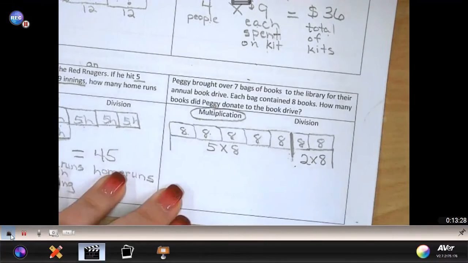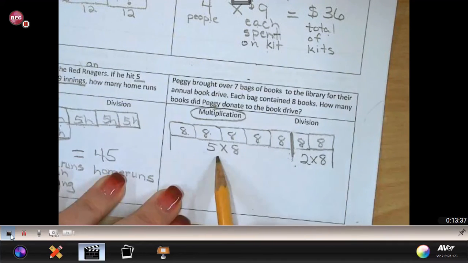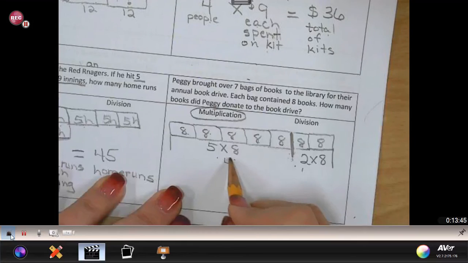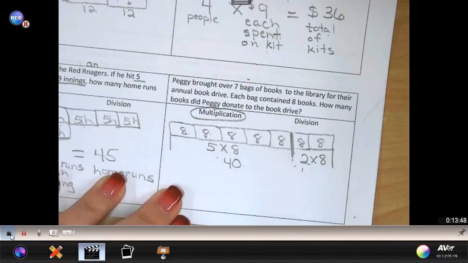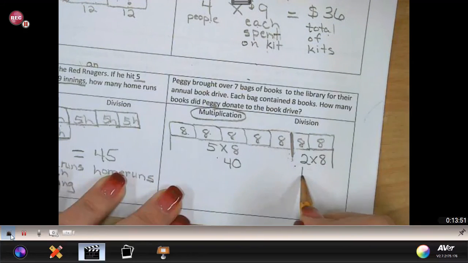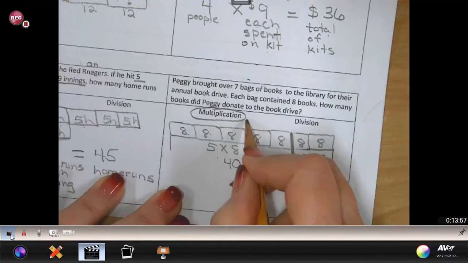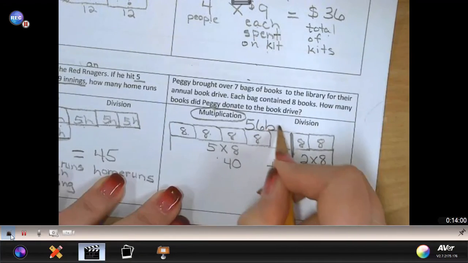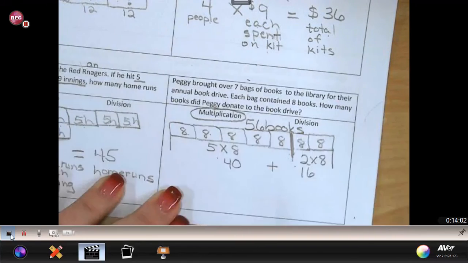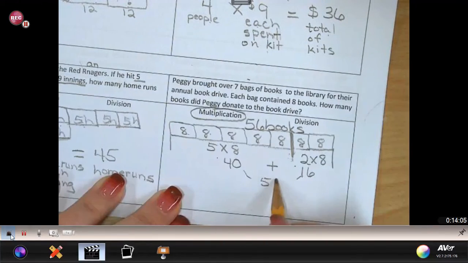I can use my distributive property to help me with my multiplication. If I don't know 8 times 7 really quickly in my head, I can use my 5s and my 2s to help me with the number of objects in each bag. So in this case, everybody probably knows what 5 times 8 is, 40, and 2 groups of 8 is 16. And when I put those together, my total is going to be 56 books. That's my total.